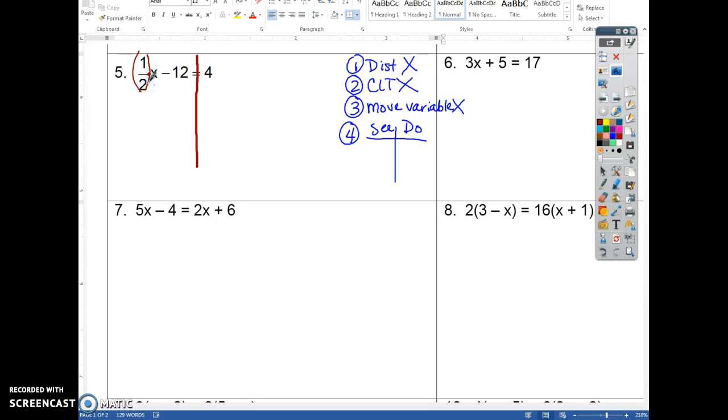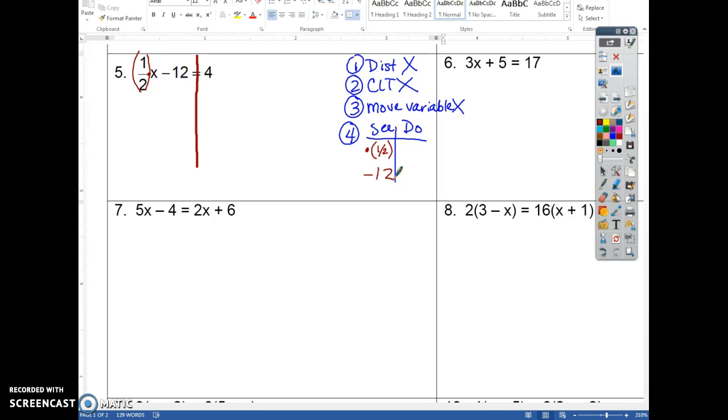That is multiplication when the number is right next to the letter. So right now it's being multiplied by a half. Write it down. What else is happening to the x? It's being subtracted by 12, so minus 12.